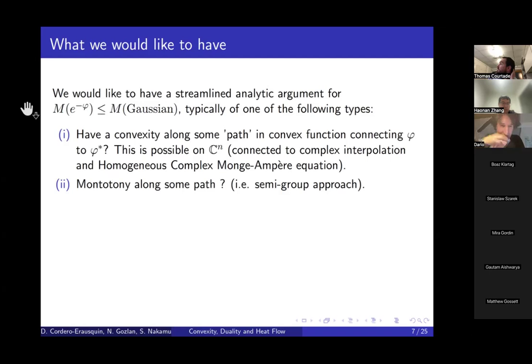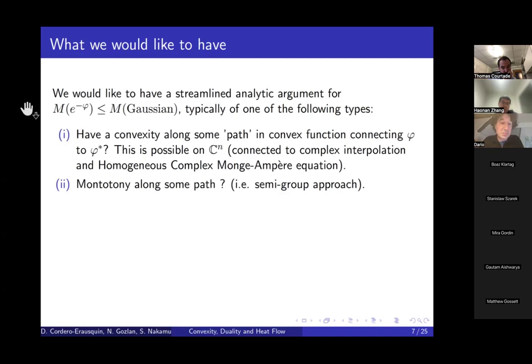This is actually possible if you work on C^n, because it's very strongly connected to complex interpolation and to the homogeneous complex Monge-Ampère equation. So you can do this in this complex setting. I don't know of a similar way to do it on R^n in general.